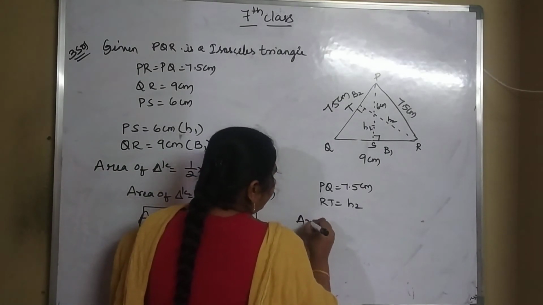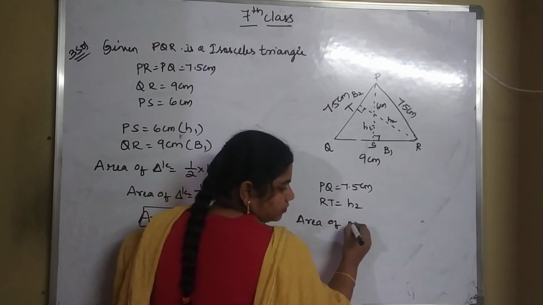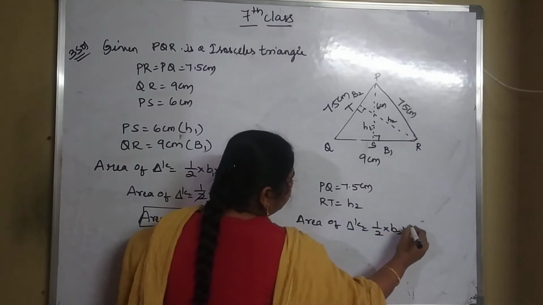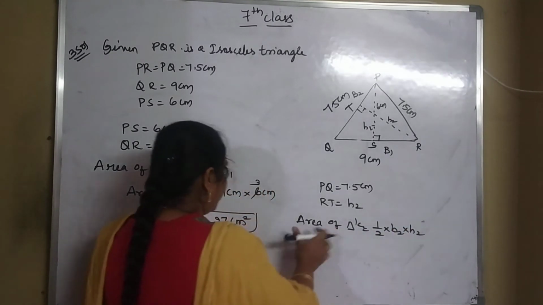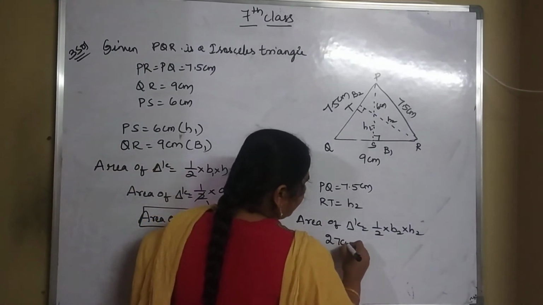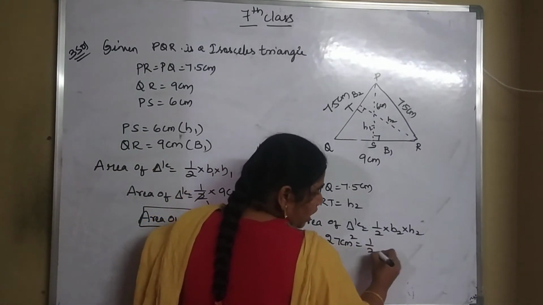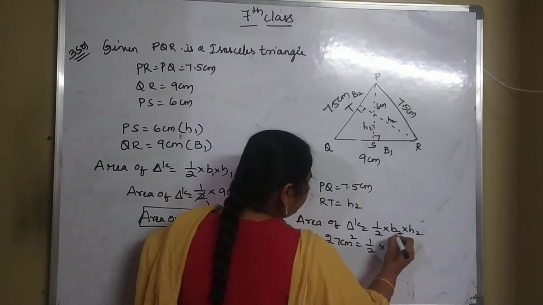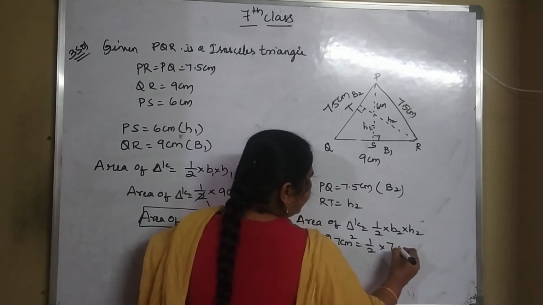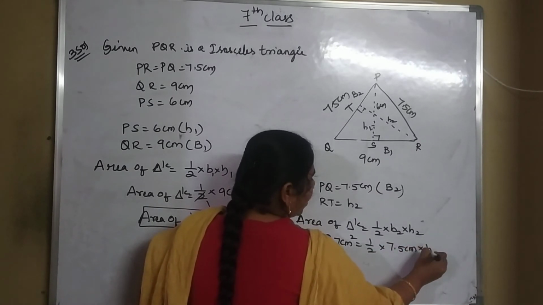So area of a triangle is equal to half into base 2 into height 2. So area of a triangle is how much? 27 centimeters square is equal to half into base 2 value, PQ is base 2. So what is that? 7.5 centimeters into height 2.